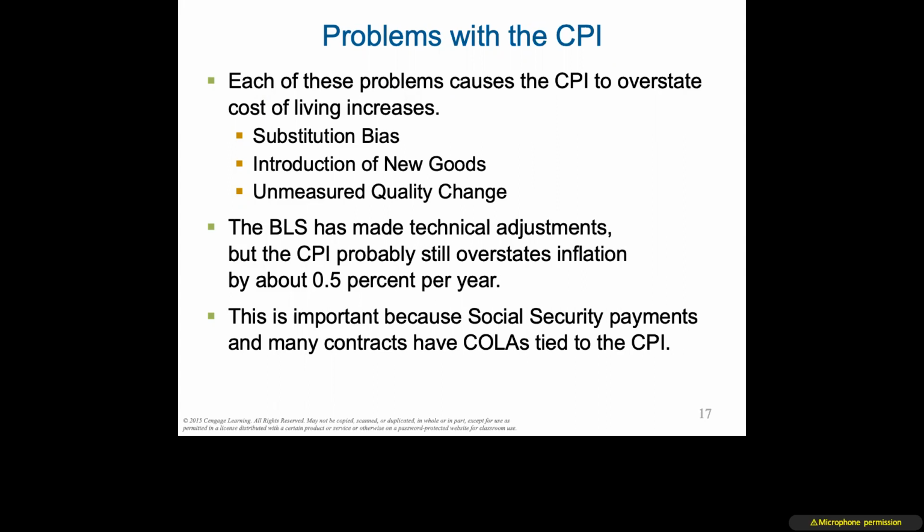For instance, if the quality of a particular t-shirt changes and it's not as good a quality, but the price decreases, well, that's okay, right? If the price goes up, but the quality goes down, that's a whole other can of worms. So the Bureau of Labor Statistics, the BLS, makes technical adjustments. But in general, it probably overstates inflation by about 0.5% per year.